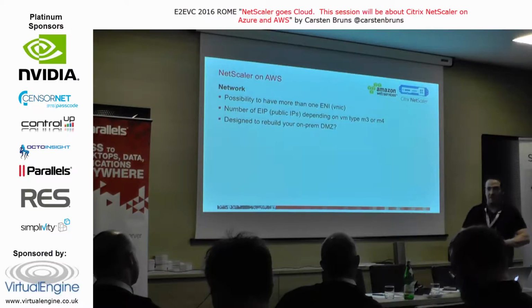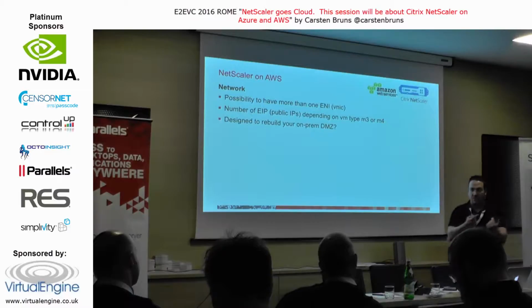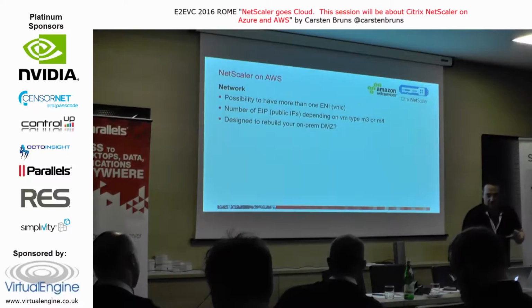You can have a management interface, you can have interfaces running public IP addresses, you can have interfaces running your subnet IP addresses for backend communication, so that you can design a multi-home NetScaler, and it's much more complex because you have to create multiple security rules concerning the elastic network interfaces and which ports are running on which interface, so you have to create all this stuff.